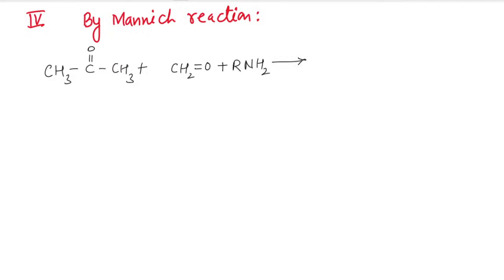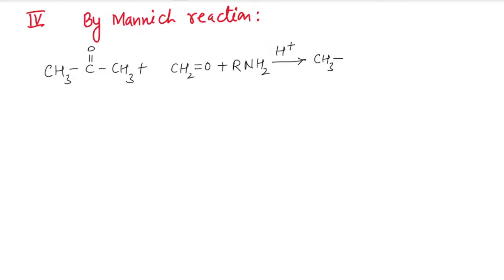So what are the reactants? One ketone, then formaldehyde and primary amine, and the medium is acidic. So when they react, what would we get?